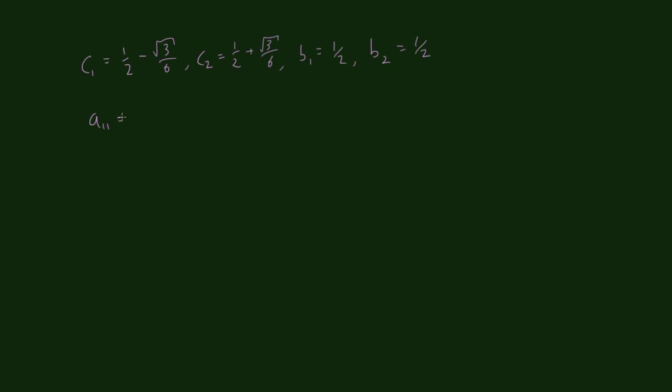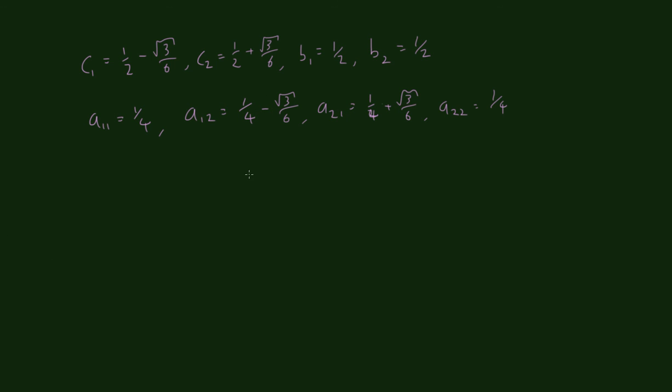A11 solves to be 1/4. A12 is 1/4 minus root 3 over 6. A21 will be 1/4 plus root 3 over 6, and A22 is equal to 1/4. So these were solved. You could use MATLAB, Python, Wolfram Alpha, so any sort of software.